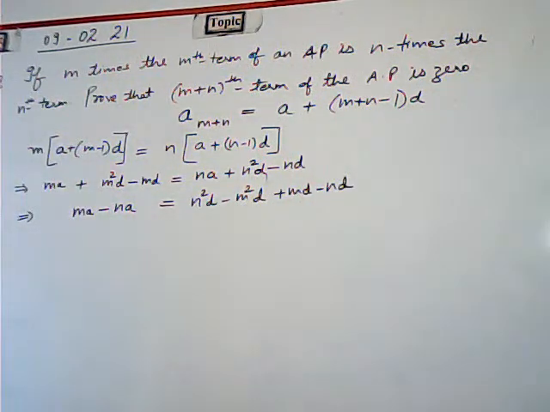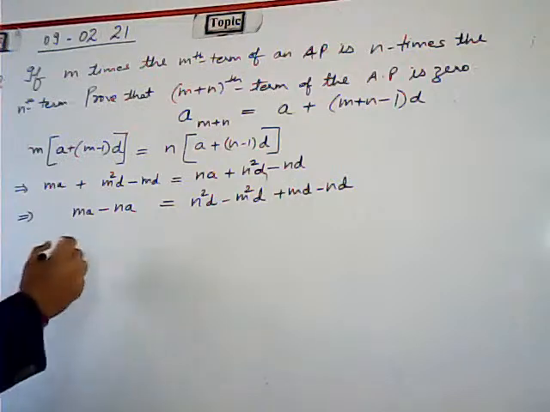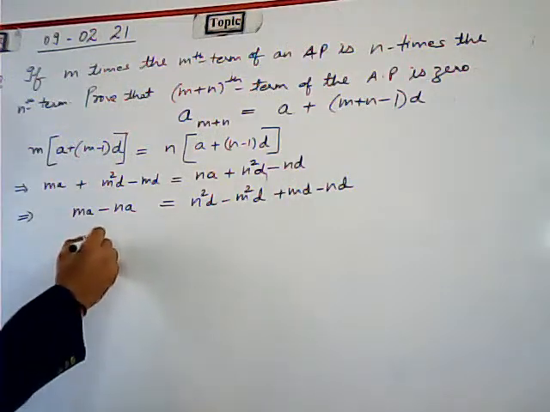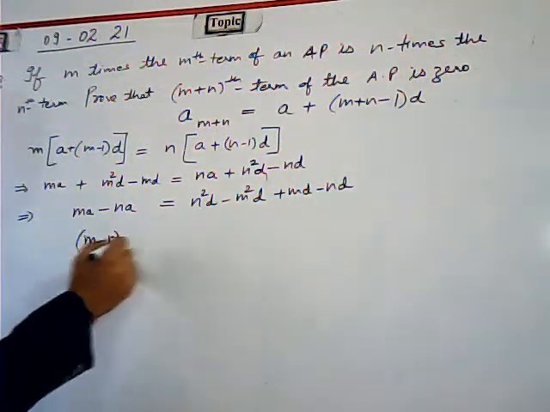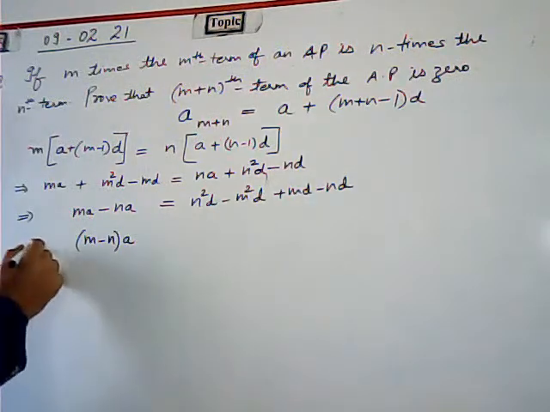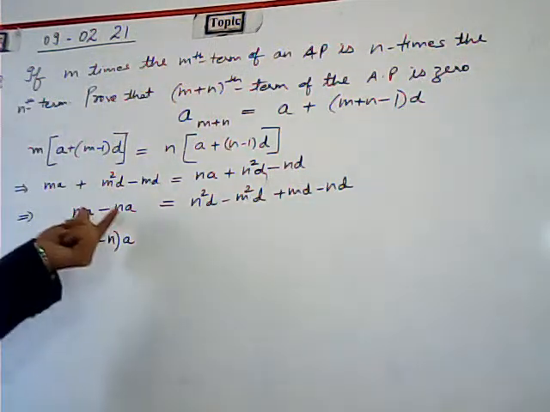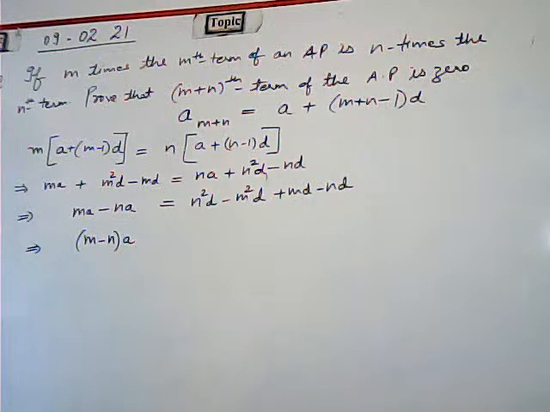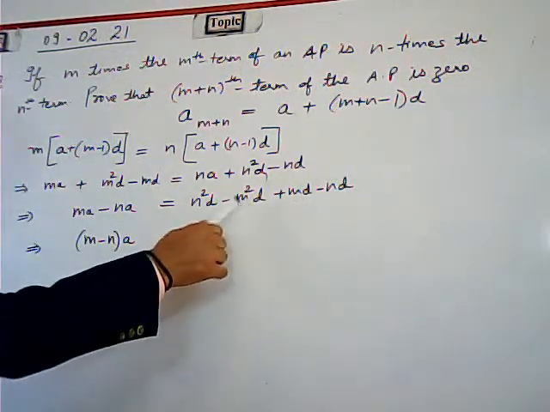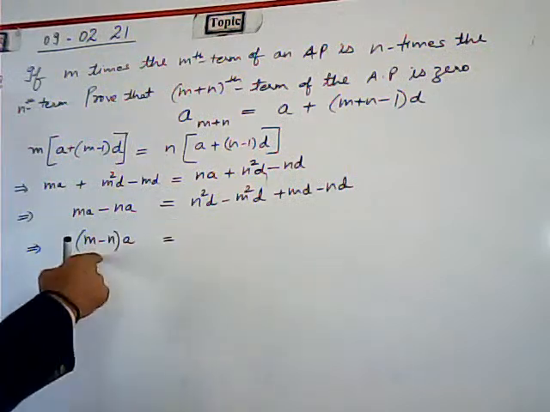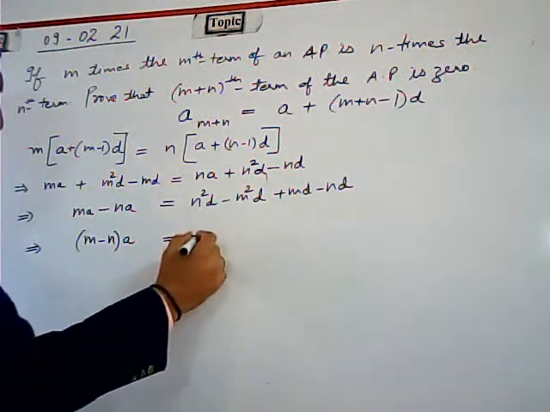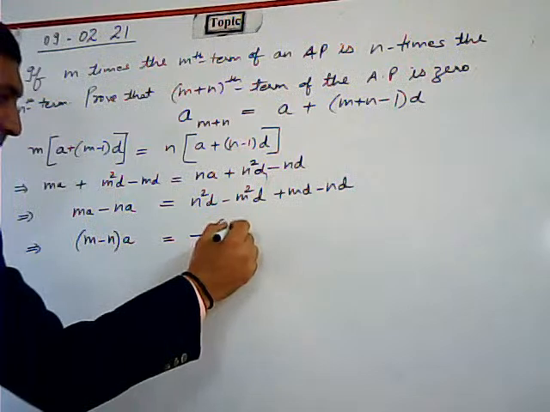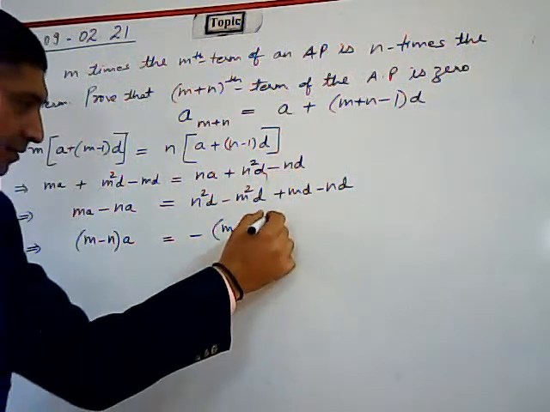So here we can take d common, right? On this side, a is common with m minus n, and on the other side we can take a minus sign common in order to make m minus n.